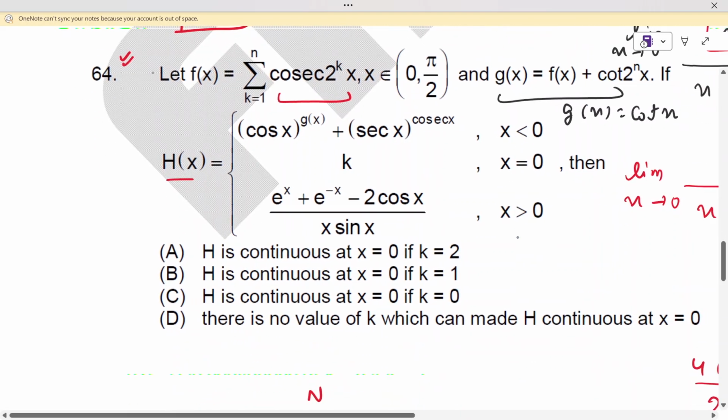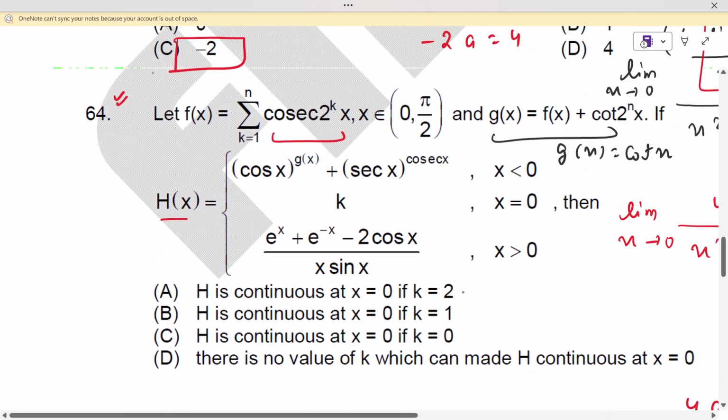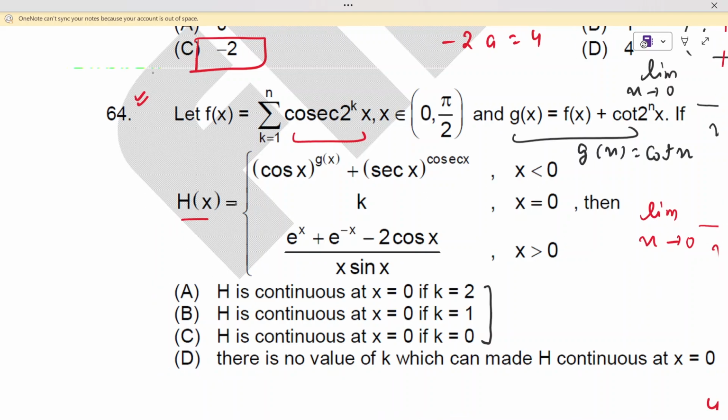Now we can proceed. The first part is regarding the continuity of h of x. In fact, all options are regarding the continuity of h of x. Fine. So g(x) is cot of x.